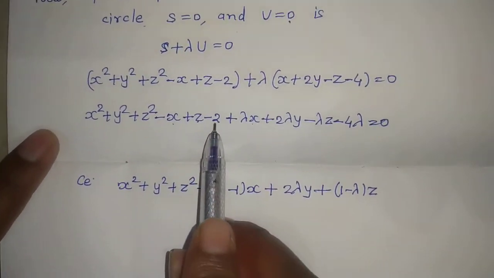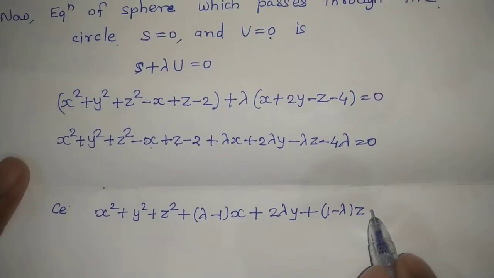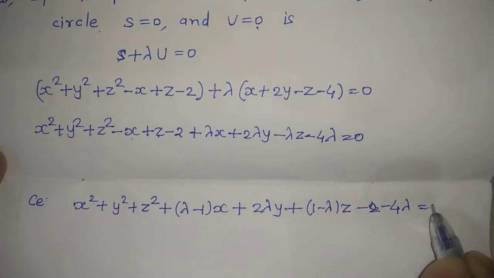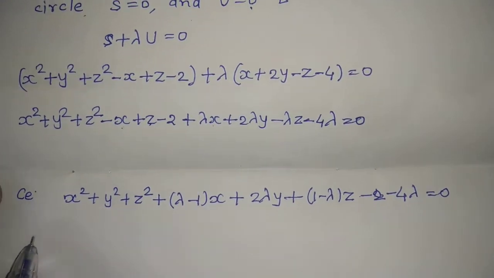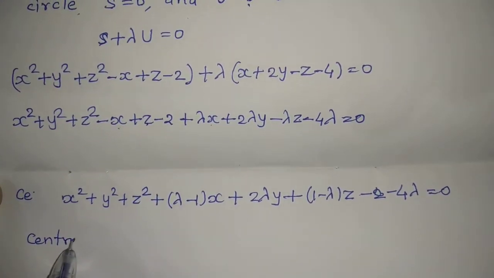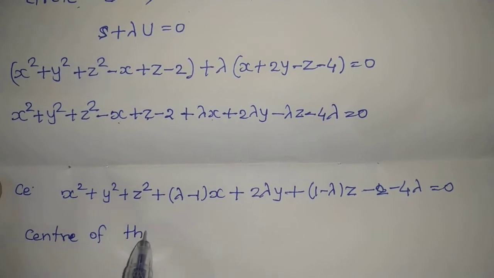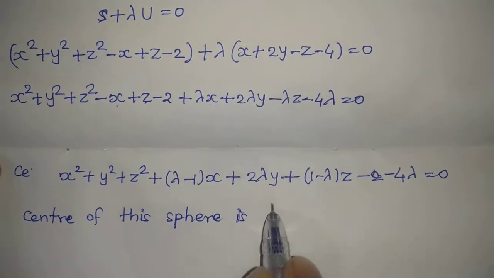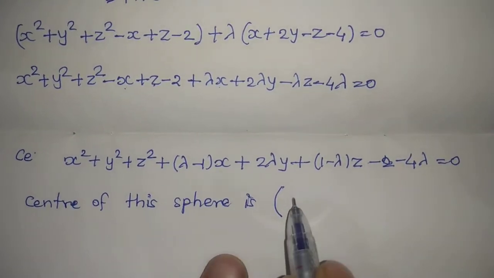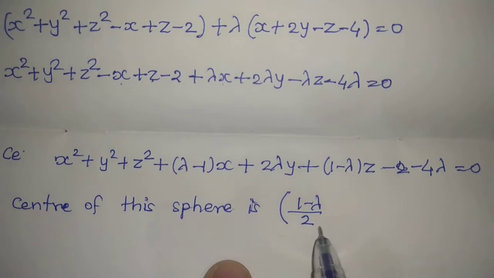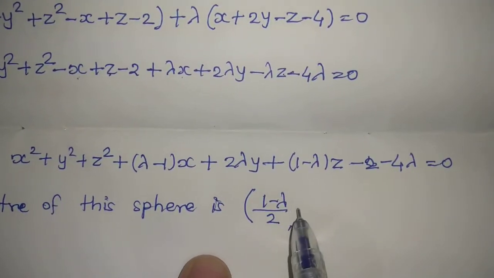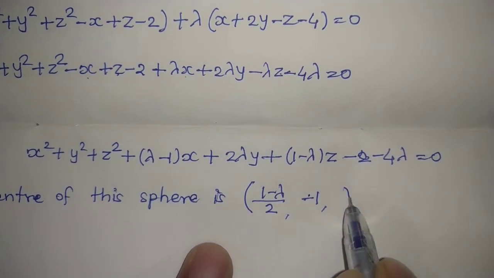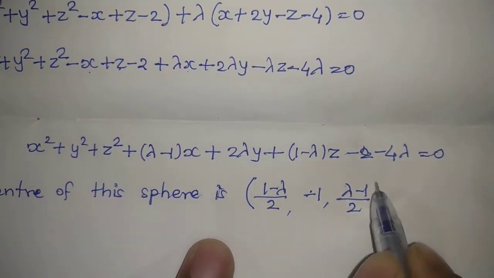Then minus 2 minus 4 lambda is equal to 0. Now what is the center of this sphere? The center of this sphere is 1 minus lambda by 2, then minus 1, and lambda minus 1 by 2.